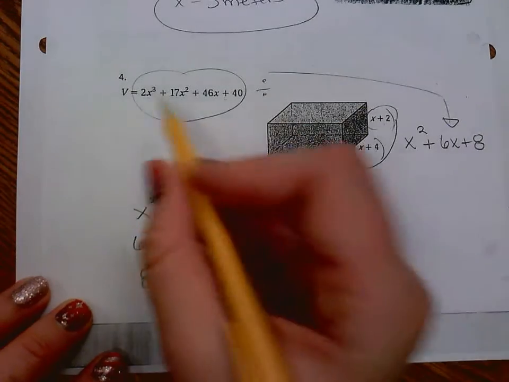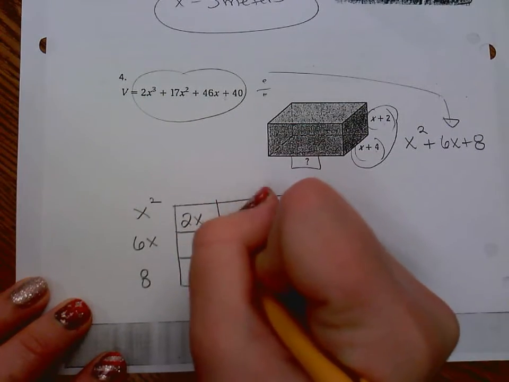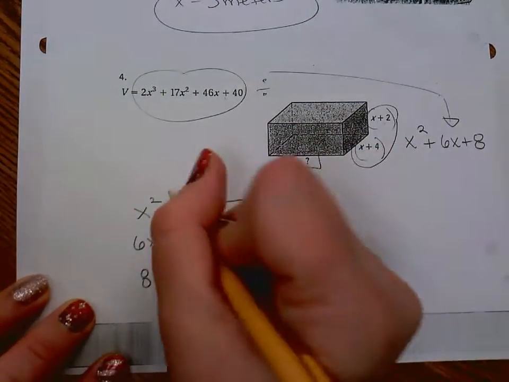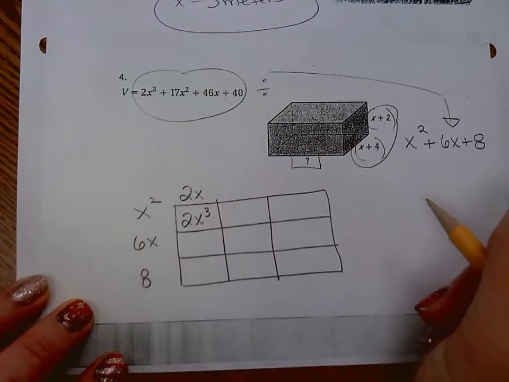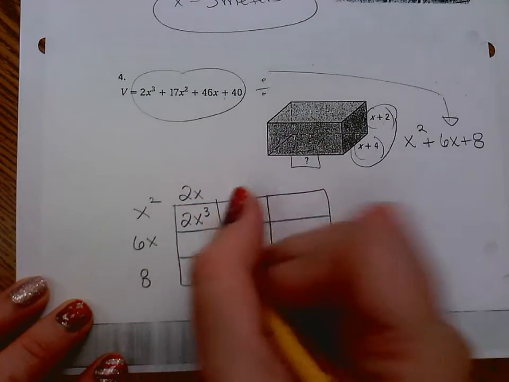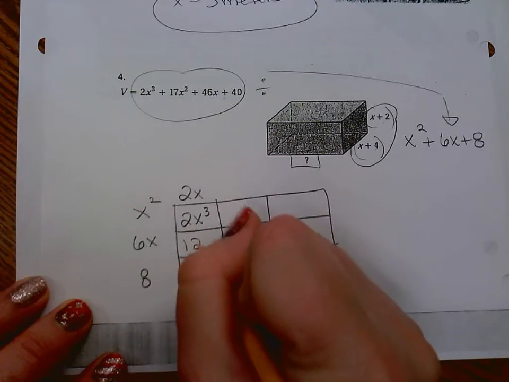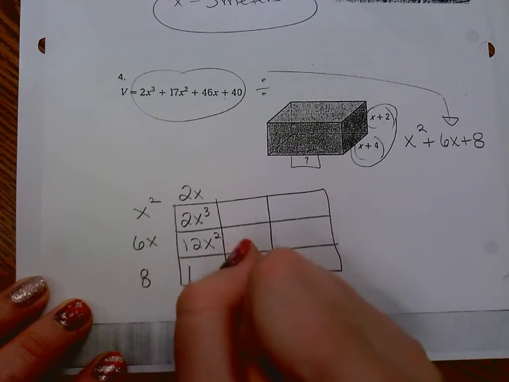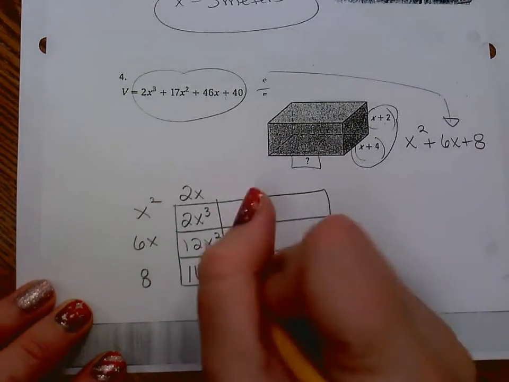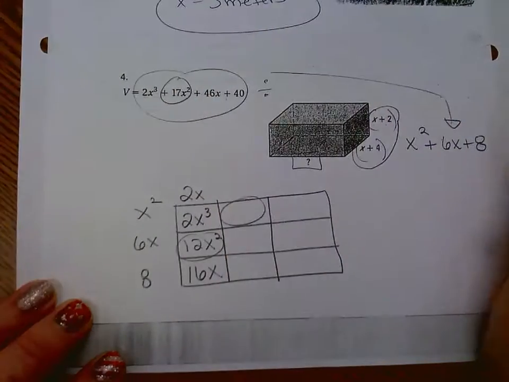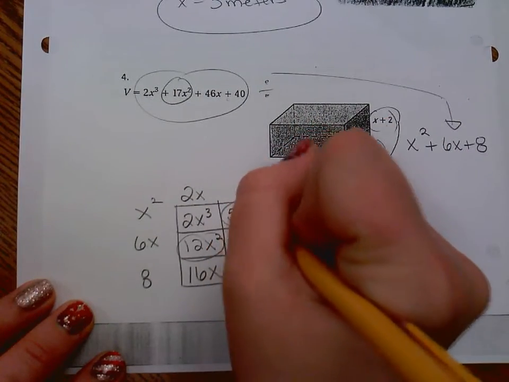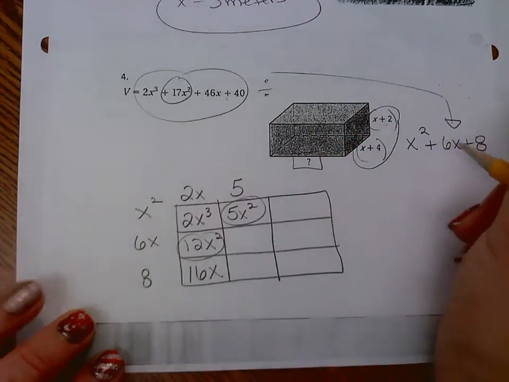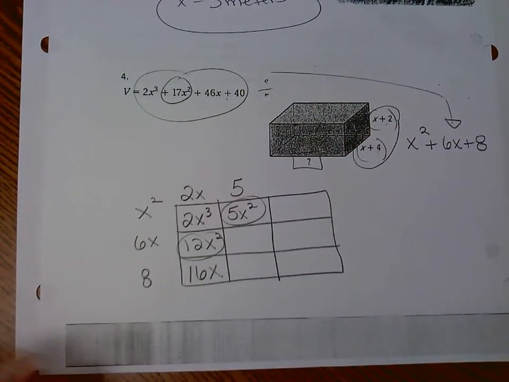So I'm trying to get 2x cubed inside my box. So 2x must go in my quotient. 2x times 6x is 12x squared and then 16x. I'm trying to get 17x squared, so I'm missing 5x squared. So that puts 5 up in my quotient, and I hope I get no remainder here.